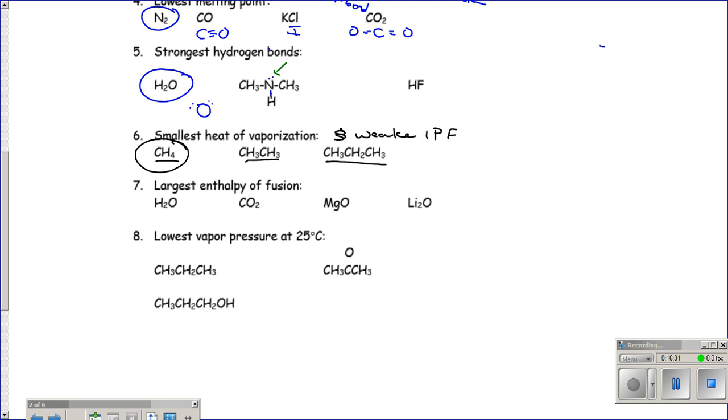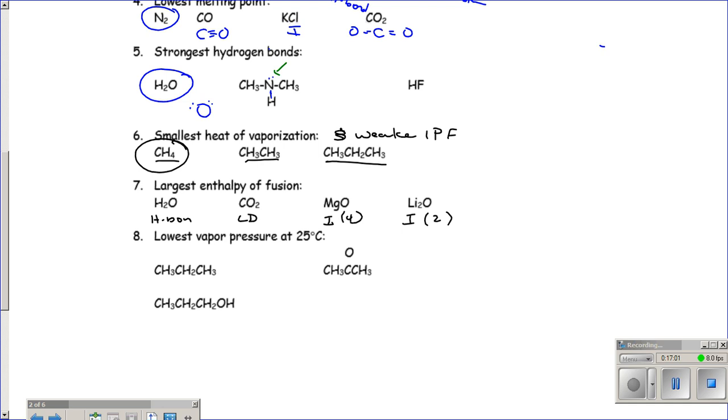Largest enthalpy of fusion. Hydrogen bond interaction. This is London dispersion. Ionic, so that's lattice energy with a charge product of 4. And this is lattice energy with a charge product of 2.